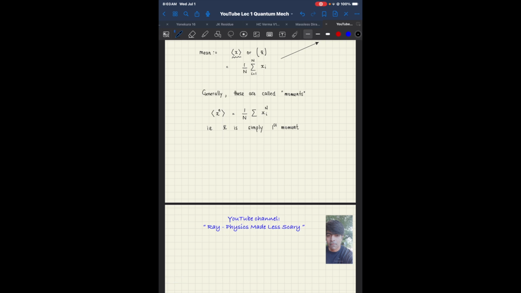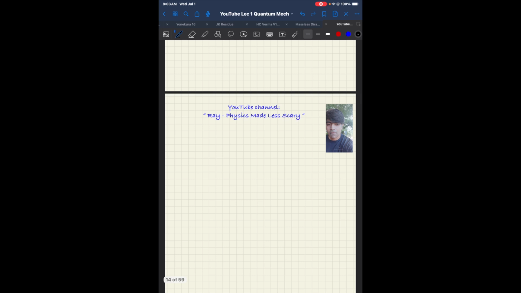I would need a second measure, as they're called. This was the first one; the second one I'll write on the next page. The second one is called variance, which by definition is the expectation value of this object.